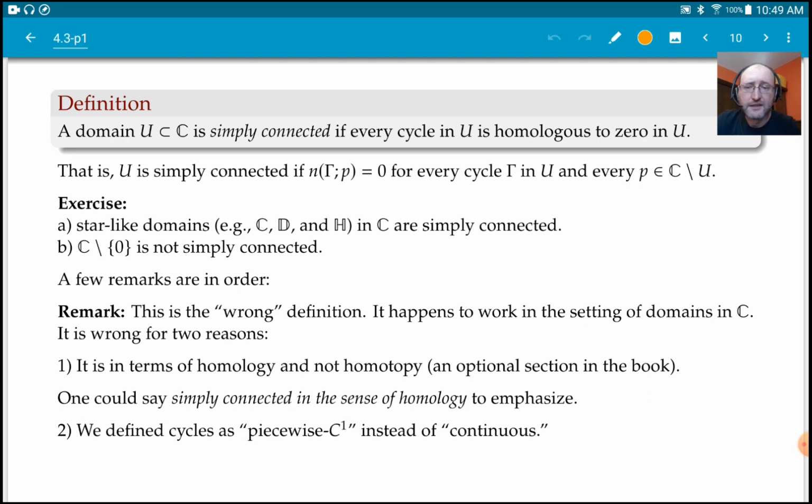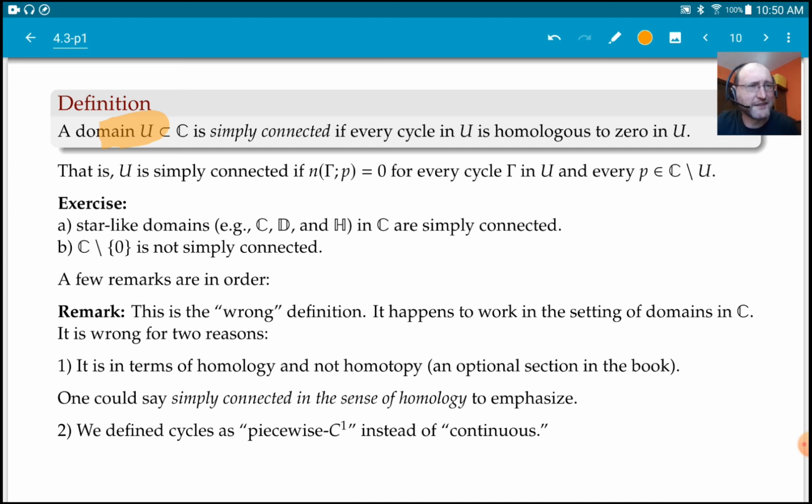Now, the other reason why it's wrong is that we define cycles as piecewise C1 instead of just continuous. That's fine because we're talking about domains, so open sets, and so any continuous path is approximately a C1 path.